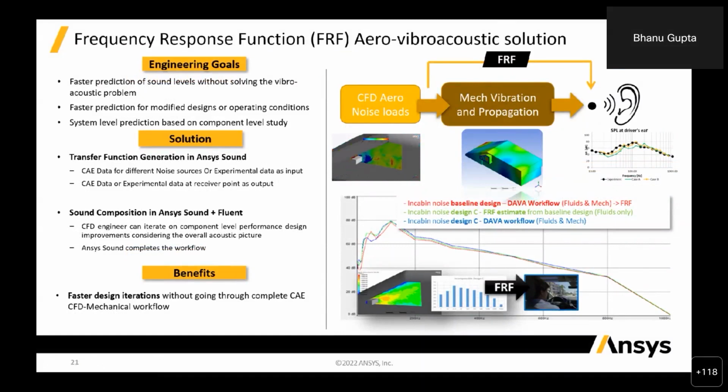If I talk about automotive, it could be tire noise, e-motor noise, HVAC noise, wind noise. Eventually they have to get composed to understand the actual perceived quality of the noise that the driver or co-driver will receive. And Milan would be highlighting how the composition of the noise can be done along with Fluent combination with Ansys Sound.